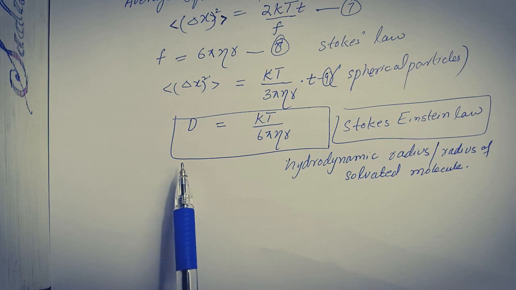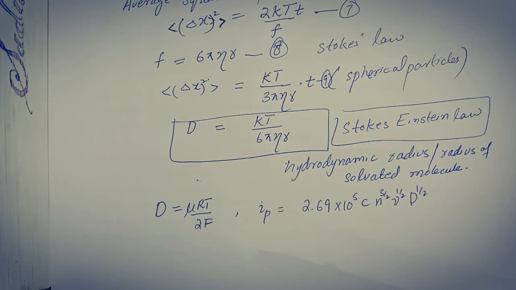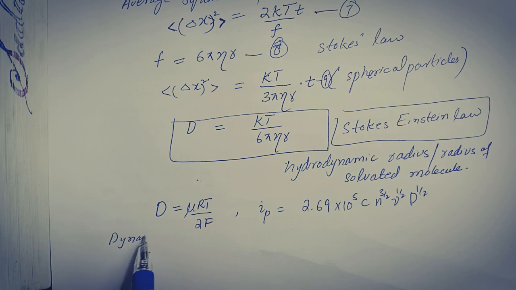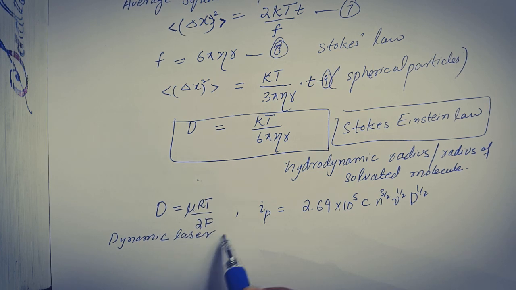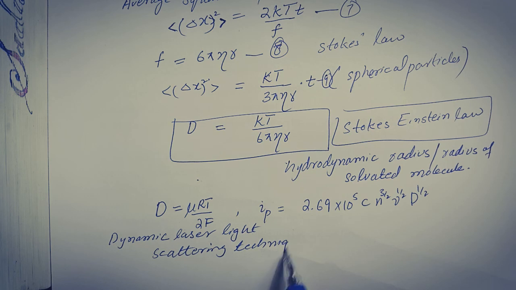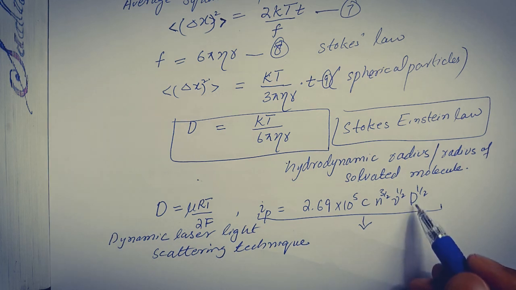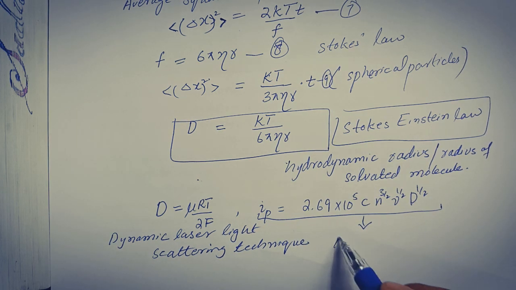So this diffusion coefficient can be calculated from the electroanalytical techniques or the dynamic laser light scattering technique. This equation is used for the calculation of the diffusion coefficient using the dynamic laser light scattering technique, and this equation is used for the calculation of the diffusion coefficient using the electrochemical method.